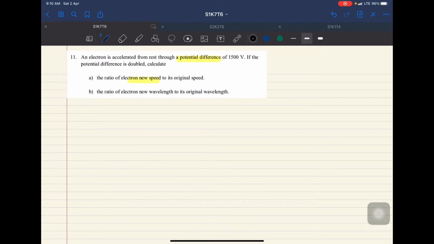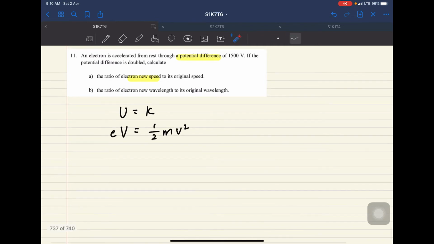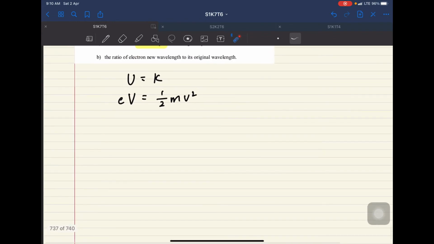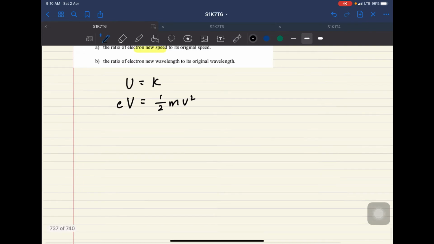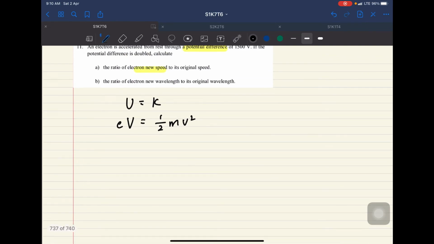You want to relate speed and potential. So you can use the equation U equals K, where U is equal to eV and K is equal to half mv square. You need to have these two inside the same equation, then only you can solve. Here I can rearrange v because they want to find the ratio of new speed.